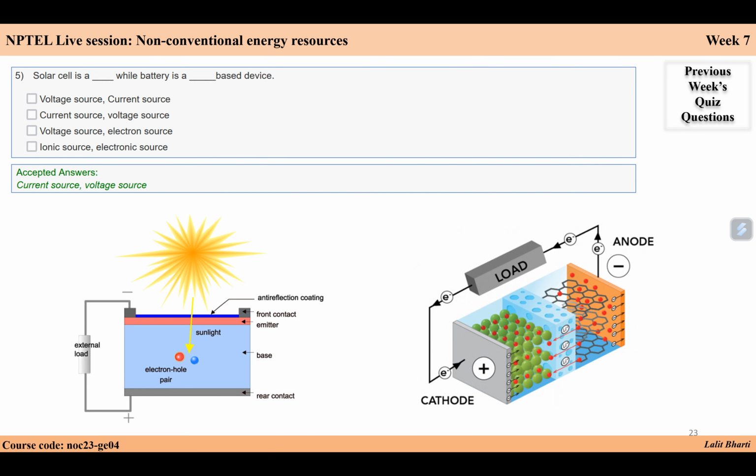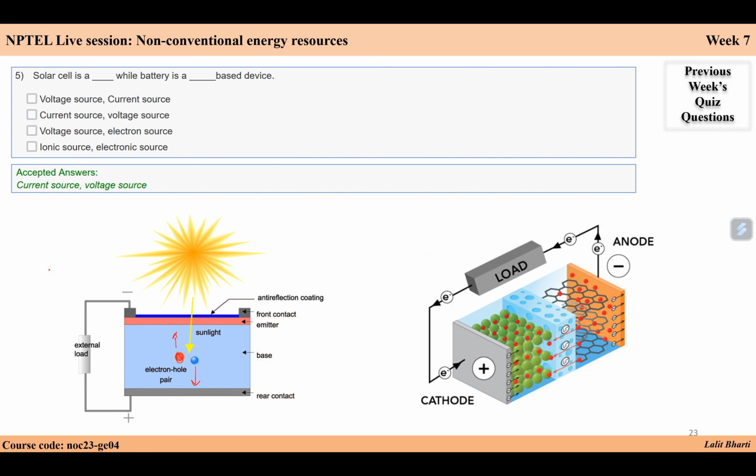Then we have a question. It says solar cell is which device and battery is which device, which is the voltage source and which is the current source. So in a solar cell, we know that we have electron and hole pairs. So electrons go at one side and holes go at the other side.